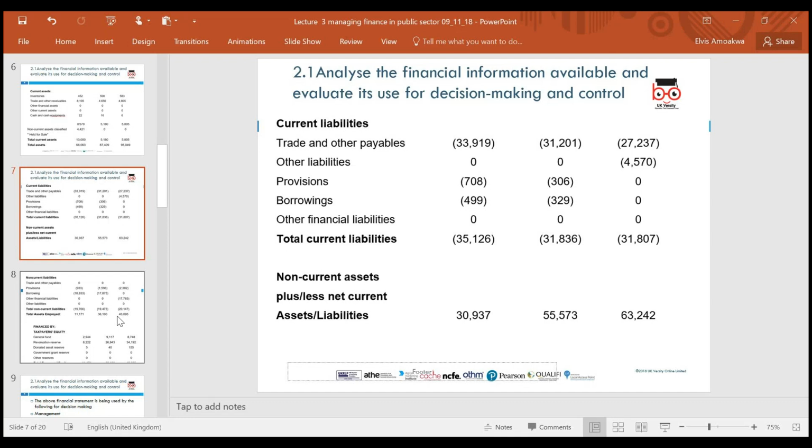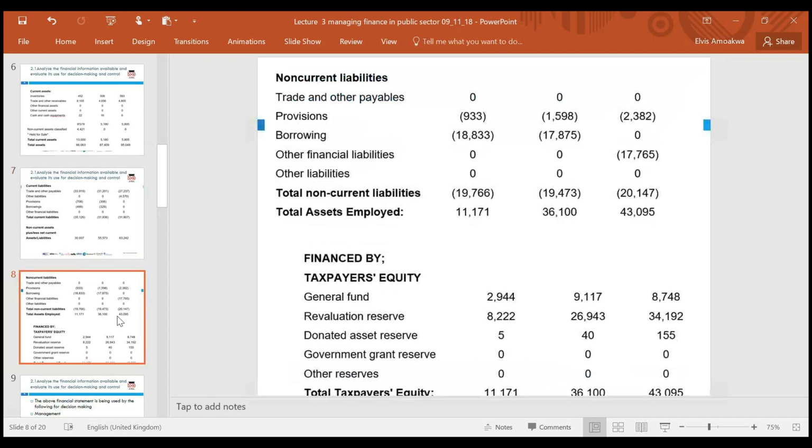Trade and other payables, other liabilities, borrowing are all current. And then we have non-current liabilities, which are trade and other payables, also provisions. But it's got borrowing. What's the difference between a borrowing that's a current liability and a borrowing that's a non-current liability?